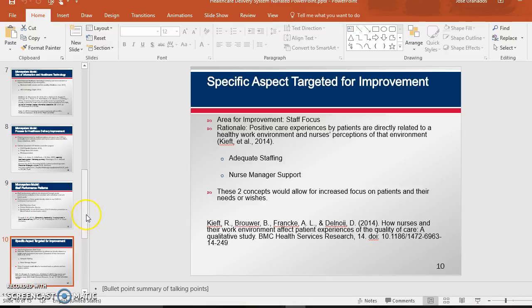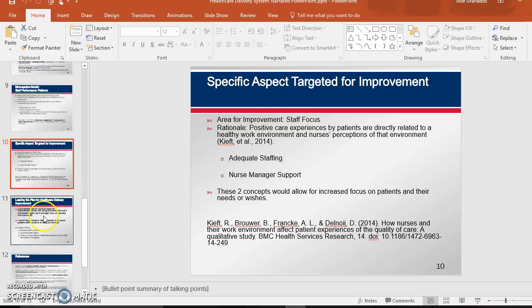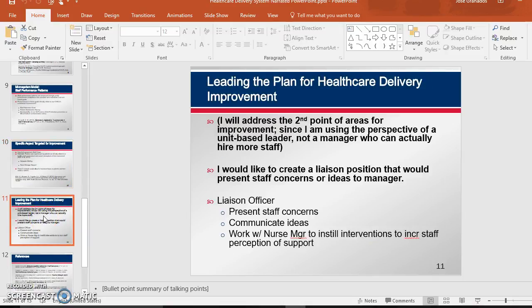The last slide is how I would go about trying to implement one of these ideas.